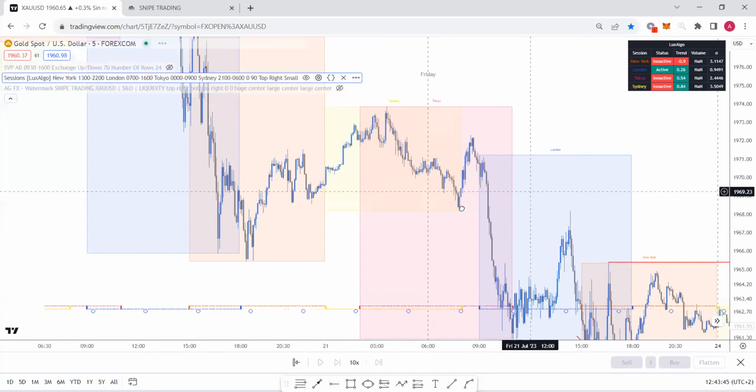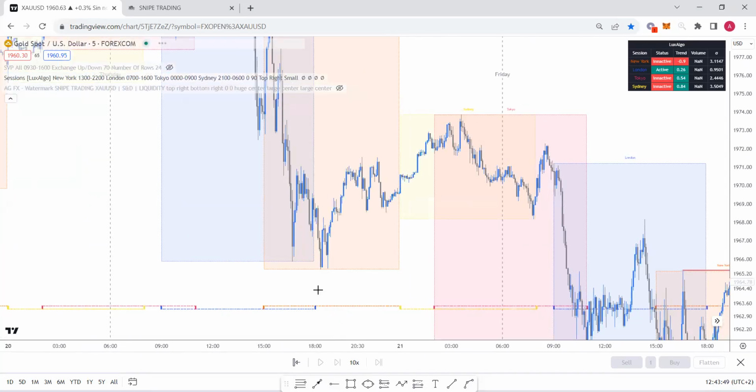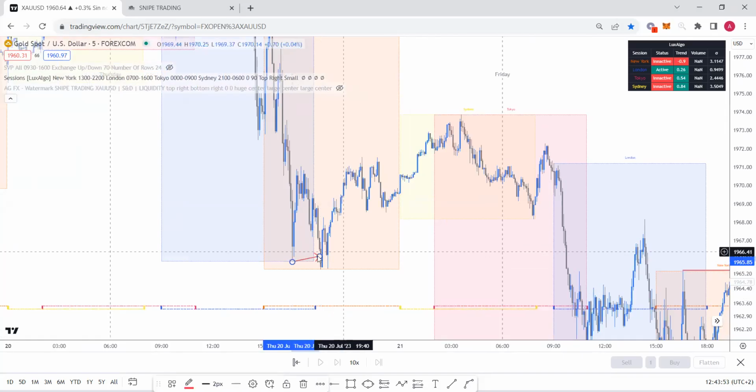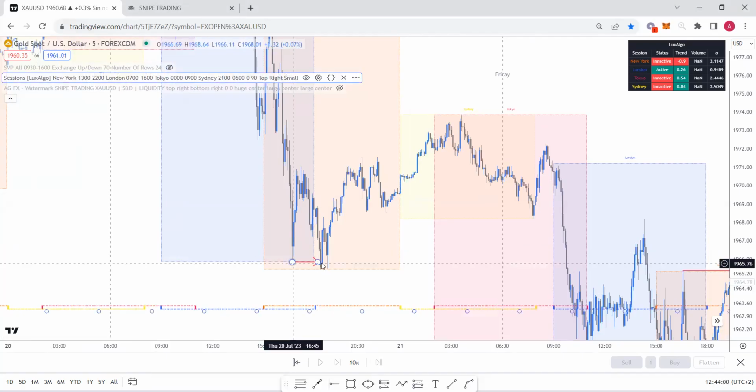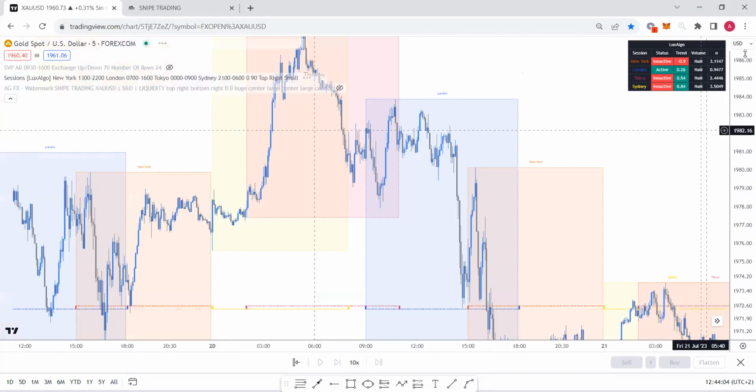Here again, we have the London low. Price sweeps it, then moves to the upside. That's it.